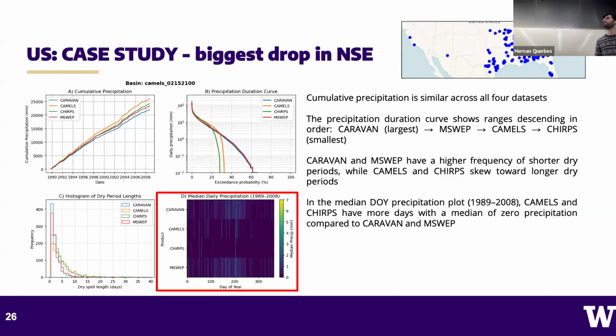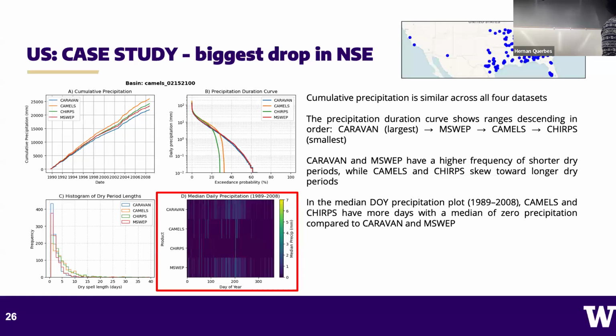And then lastly, this color map is trying to show the timing of high and low precipitation. To build this, for our period of study, we took the median for each day of the year over the whole record. So we have a time series for one year, basically, with median values.